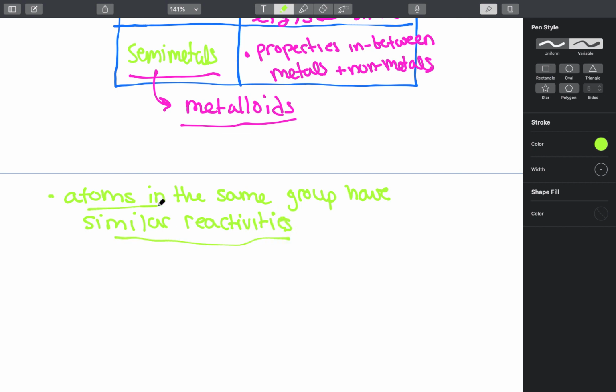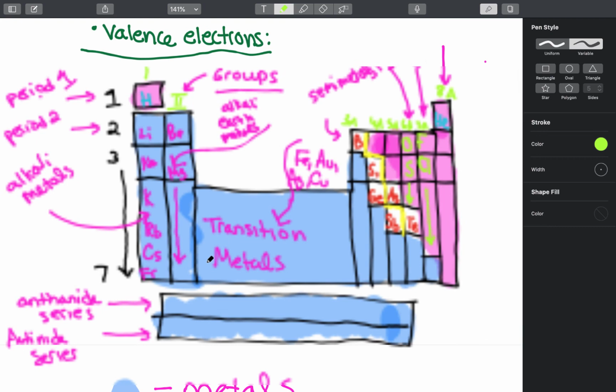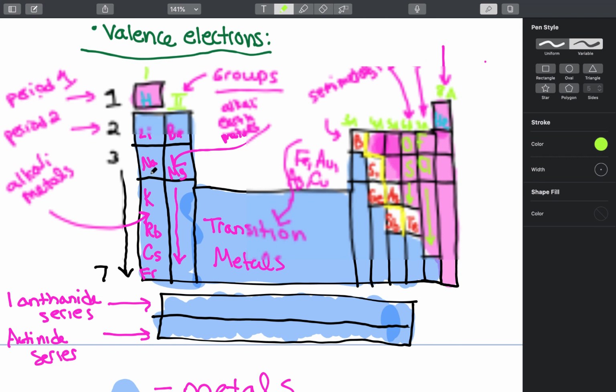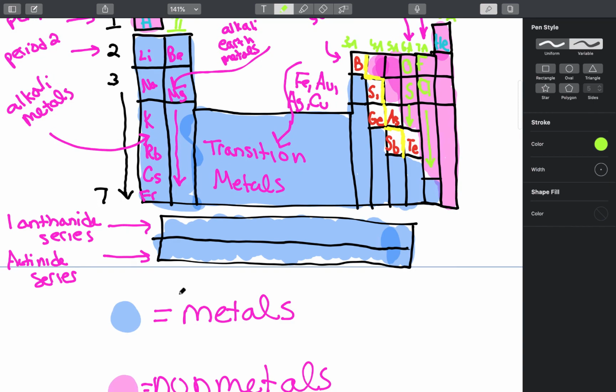So for example, if we go to our periodic table here, the group 1 elements will all have similar reactivities. So for example, lithium, sodium, potassium, rubidium, cesium, and francium will all have similar reactivities. All atoms within the same group have similar reactivities.